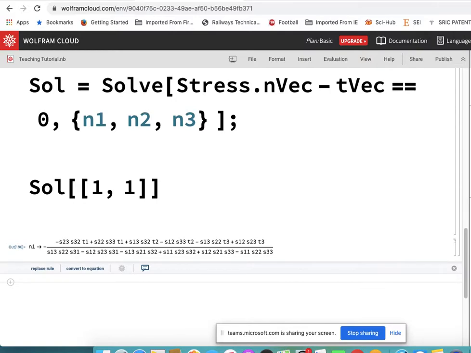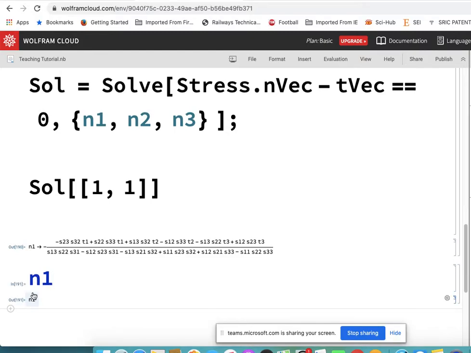Here n1 is being assigned; this is the solution for n1. But if I ask what is n1, what would come out? n1 is still undefined. See, it is still in blue color. If I press it, I will still get n1 only. There is nothing assigned for n1.